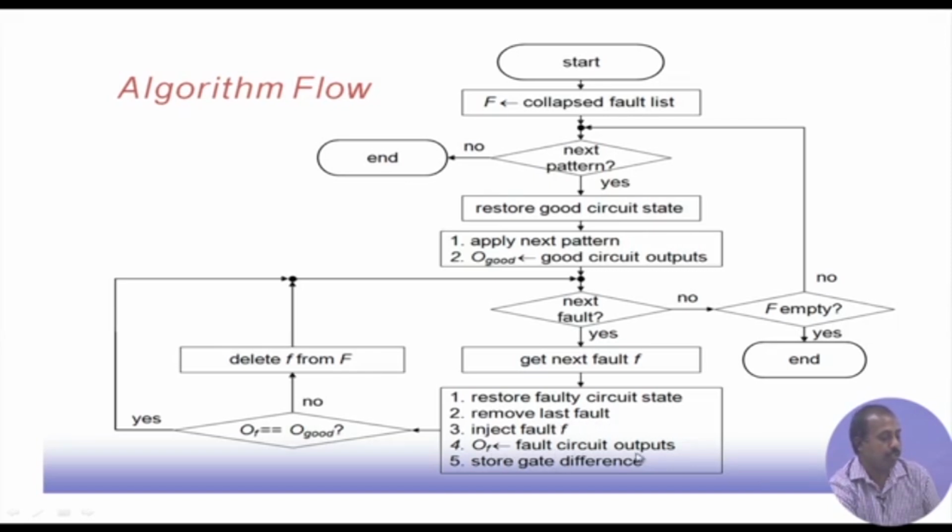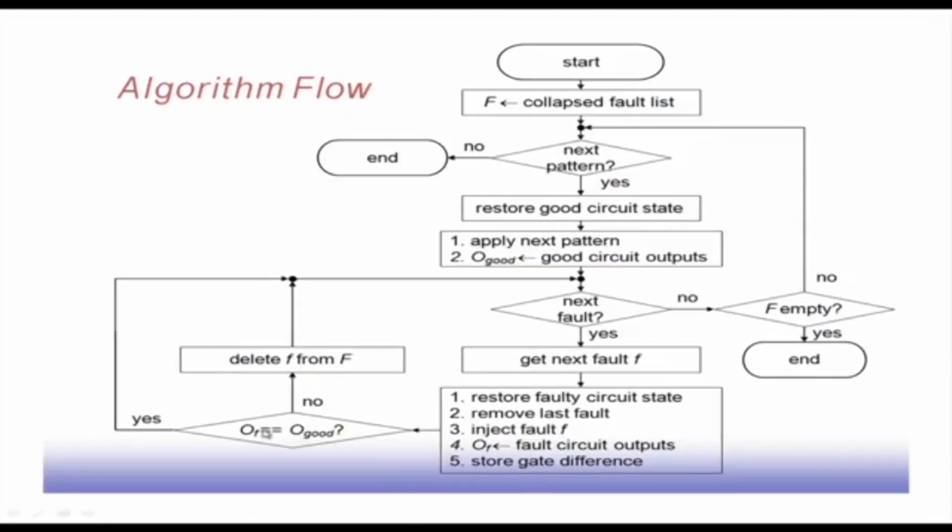So, this fault is getting injected into the circuit. Now, OF is the faulty circuit output response, and we store the gate differences. Storing the gate differences means that wherever the gate outputs differ, only those gates are remembered. Then we see whether the output response is the same as the good response or not. If they are not the same, that means this fault F has been detected, so it takes up the next fault and continues.